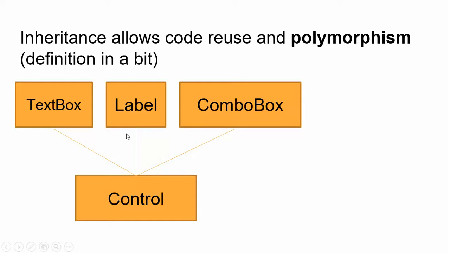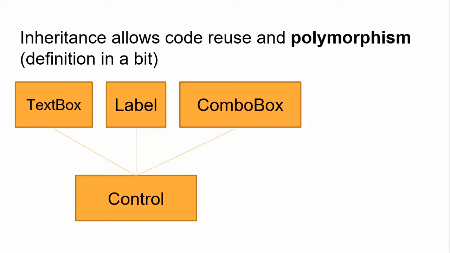Now what's going on here, the major advantage of all this is that rather than having position and font and text all duplicated in each one of these controls, I can just put that all into a common object and then make different new objects that inherit those properties.